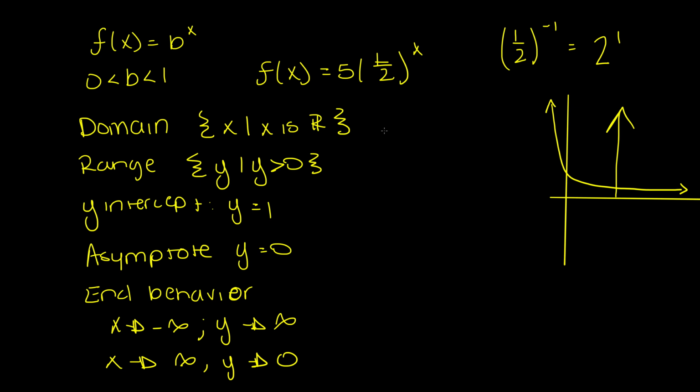Okay, if I'm looking at this case of 5, so if I'm looking at f(x) equals 5 times (1/2)^x, this actually changes our y-intercept. Remember when we're calculating our y's, we're looking at our vertical stretch.